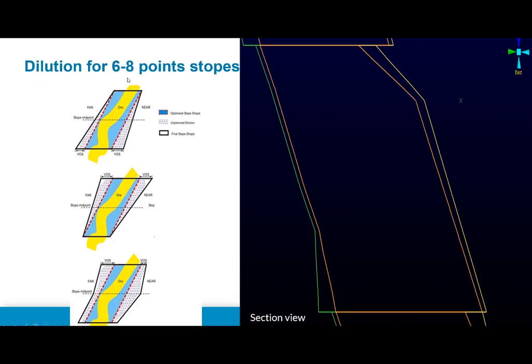Now with 6 and 8 points, you can actually contour the 6 or 8 point shape, so you can have a different distance for each side. Again, it's just following up on dilution, giving you more control over where dilution will go and creating a shape that better respects what you're finding in the field.